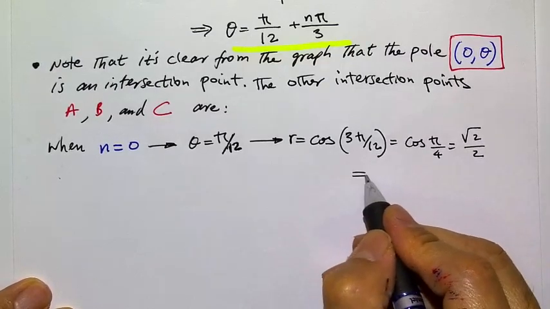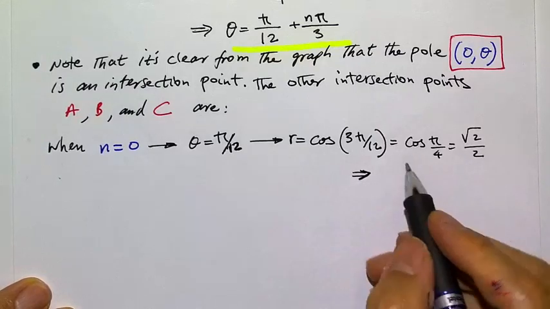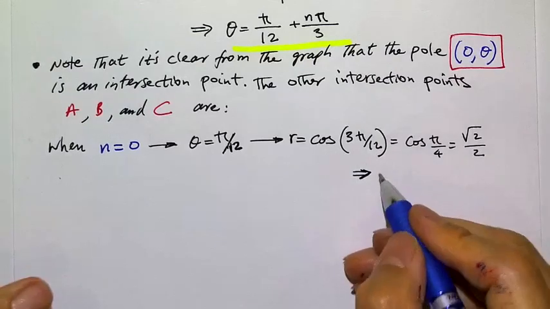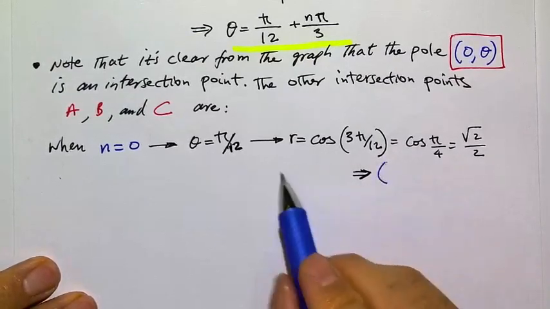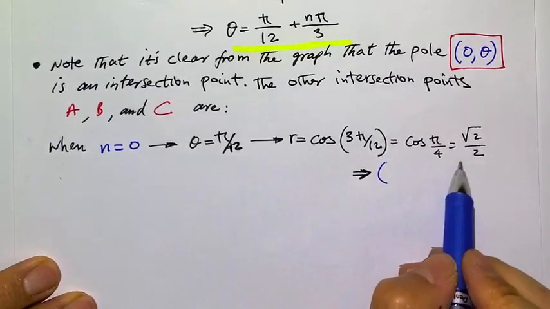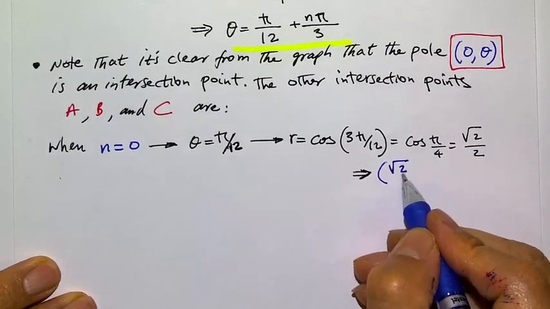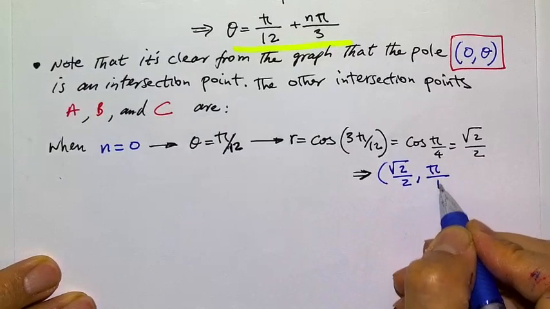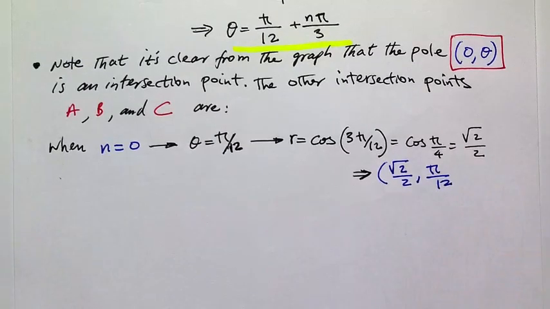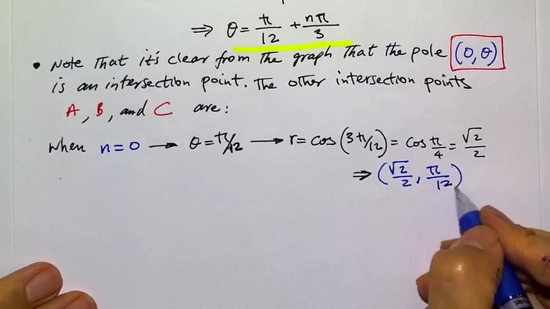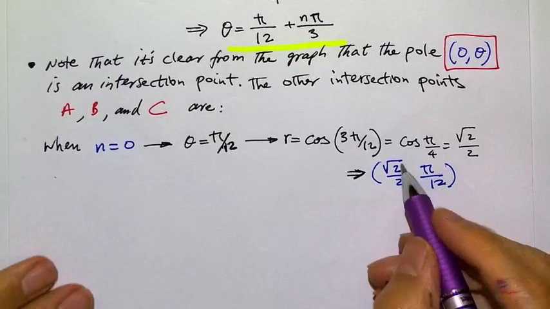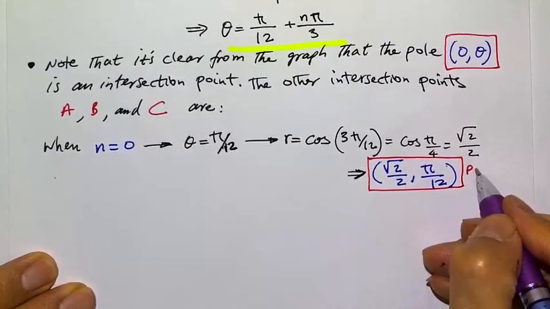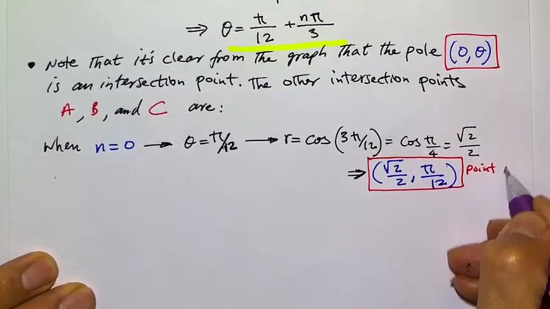Therefore point A has these coordinates. r is that, so square root of 2 over 2 comma the angle, which is pi over 12. Okay, and then I will box it like this. So this is point A.